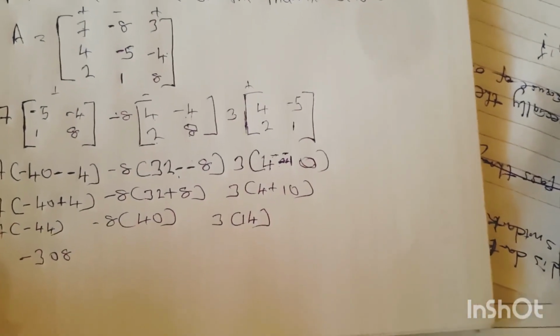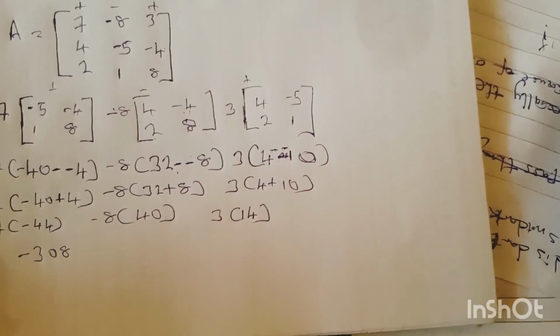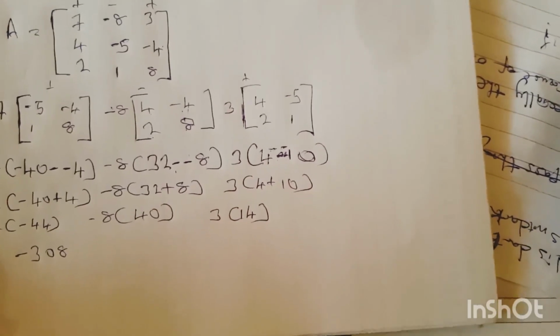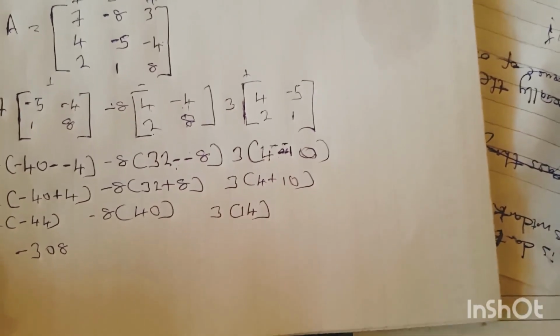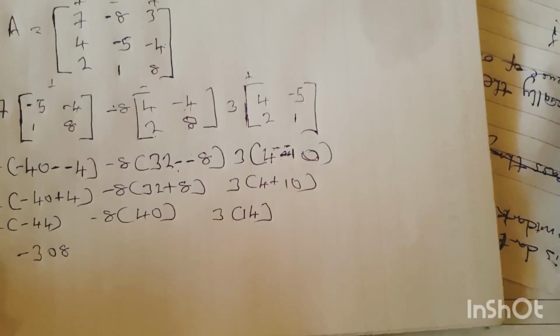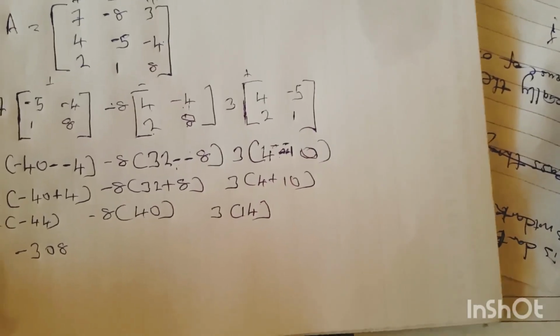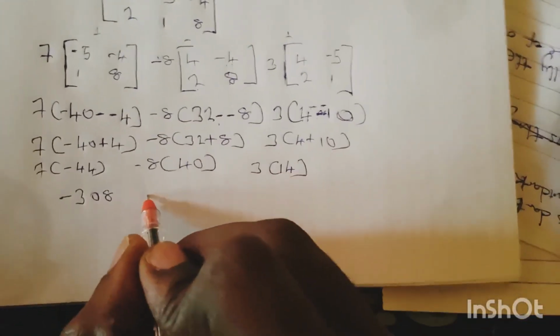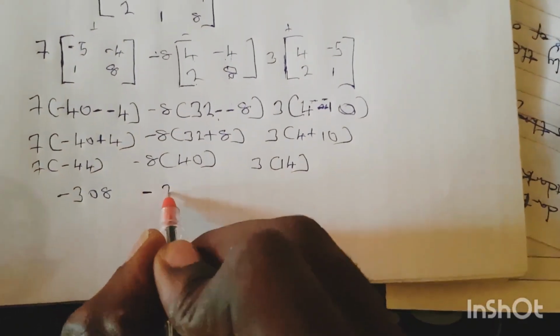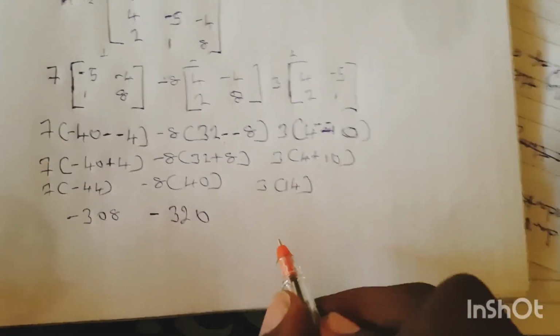Now we are going to do minus 8 times 40. So minus 8 times 40 is going to give us minus 320. Then we are going to do 3 times 14, that's going to give us 42.